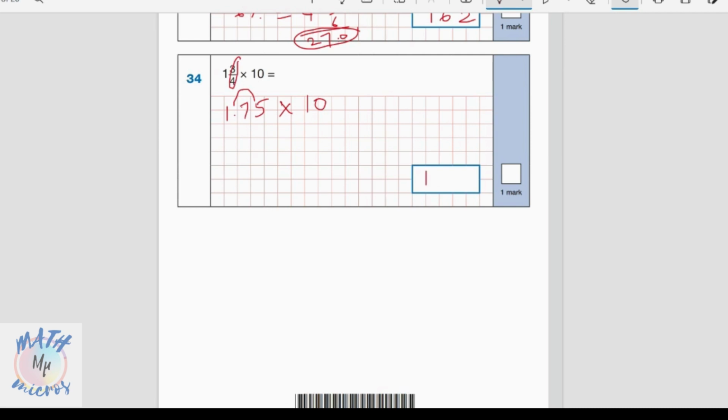So the answer is going to be 17.5. Since it's expressed as a fraction, you need to express this as a fraction as well. So when you change this 0.5 into a fraction, 0.5 is nothing but half. All right. And the whole number is 17. So 17 and a half is your answer.